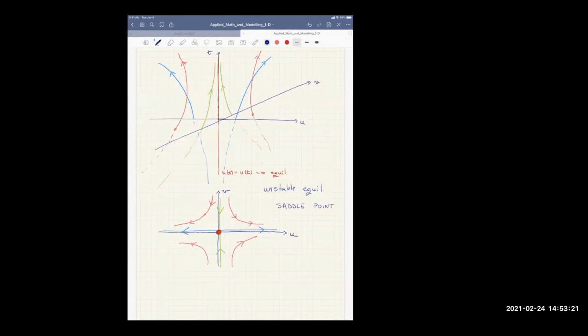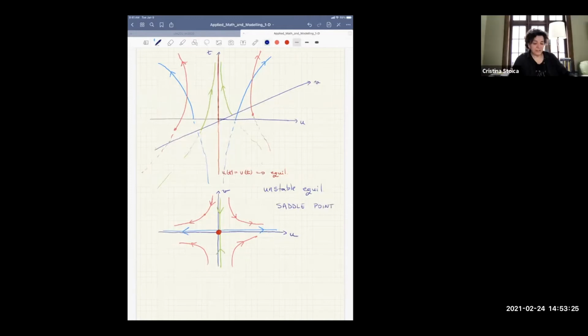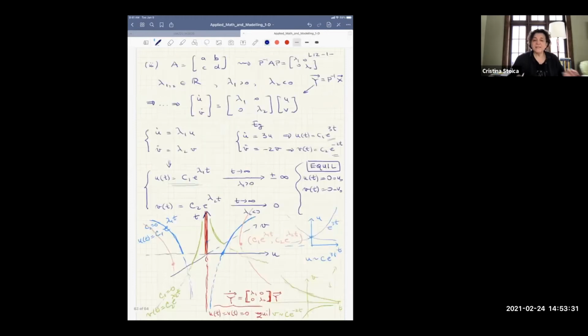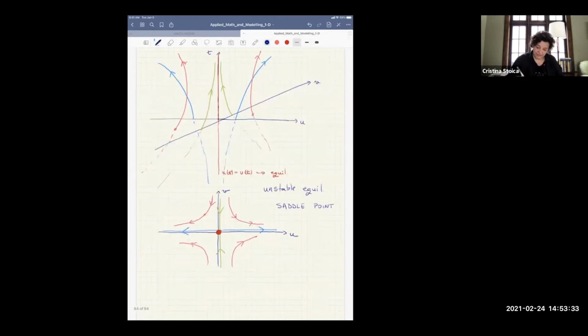All right, and now comes the question: what is going on with this? This is in the shifted coordinates, in the y system, right? y dot equals lambda 1, lambda 2, 0, 0 times y.